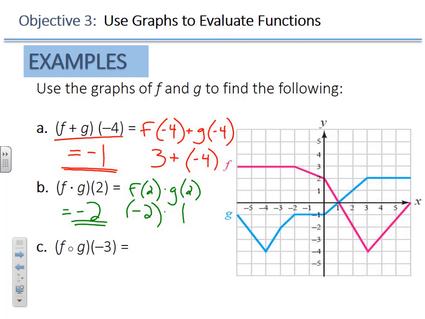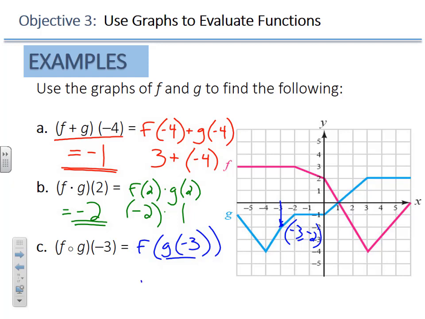And finally, f of g of negative 3. So we have to first figure out what g of negative 3 is. G function evaluated at negative 3, right there, negative 3, comma, negative 2. So apparently when g has an input of negative 3, the output value is negative 2.